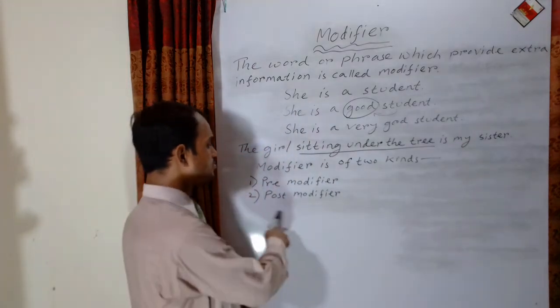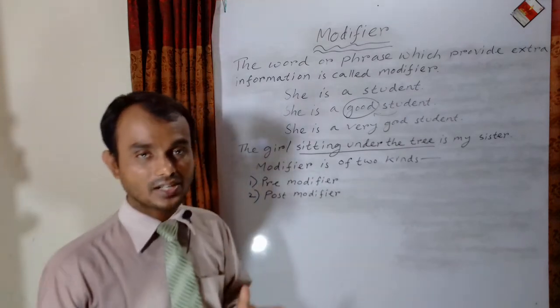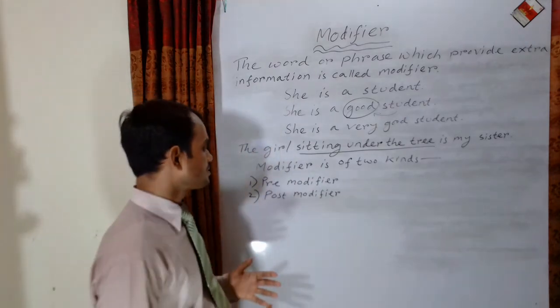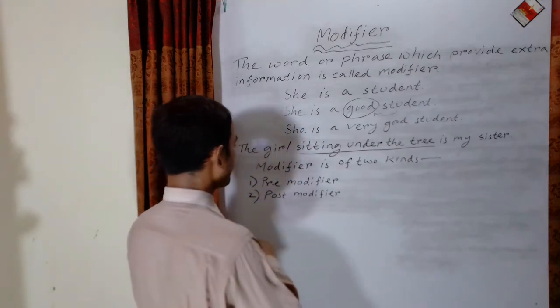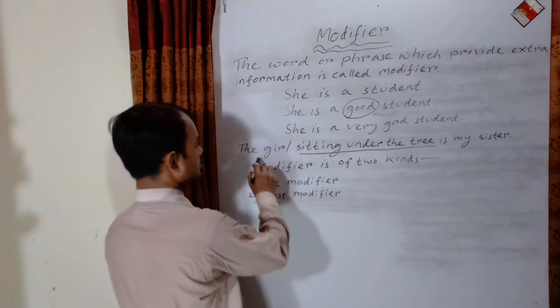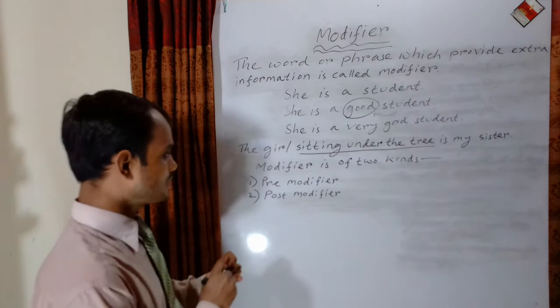Okay, what is post modifier? The modifier which sits after a noun, it is post modifier. The girl sitting under the tree is my sister. Look at the example.